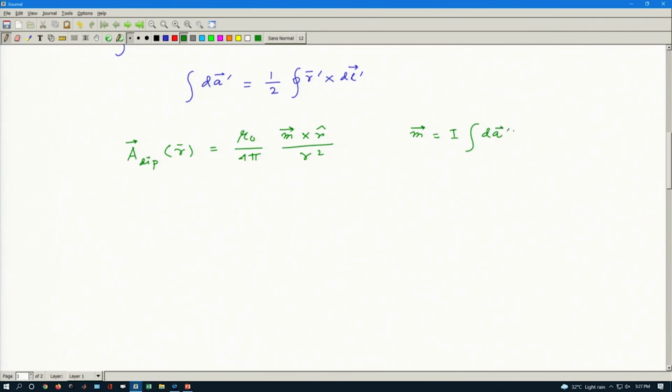This term is our magnetic dipole moment.